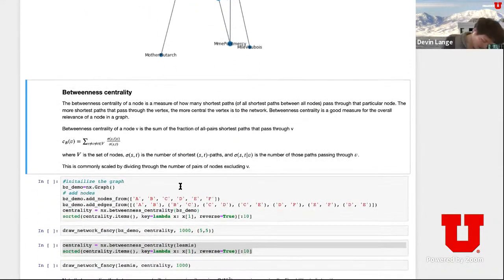So let me actually switch to my iPad here, and we can go through a specific example together. If I can, all right, there we go.